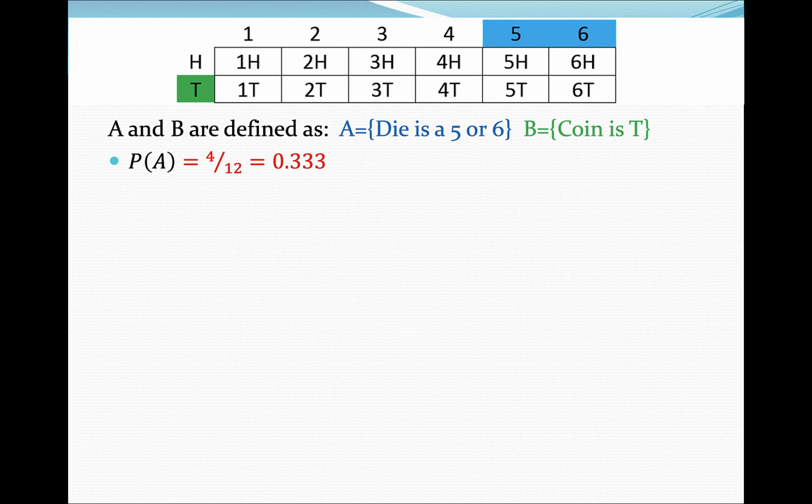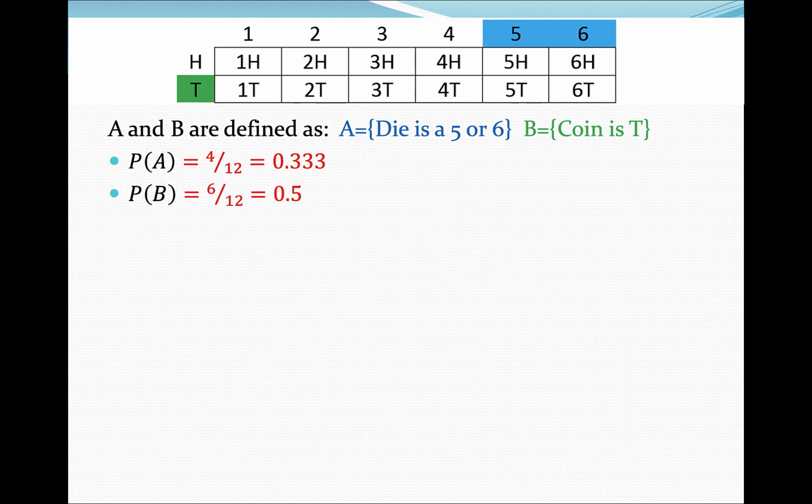That will give you 1/3 or 0.333. With probability, we typically write probability in terms of decimals. So that's what you should get used to. Give me 3 decimal places whenever you write probabilities. So you should write your probability, as you see here, 0.333.